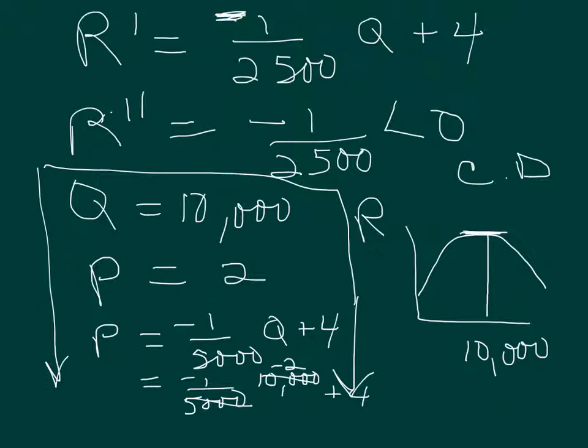Negative 2 plus 4 indeed does equal 2, and that is your price. So what we've found, and I'll put it down here, in order to maximize revenue, the price should be $2, and the quantity sold will be then 10,000, and it's 10,000 hamburgers. So that's part A. Now we're going to investigate part B.